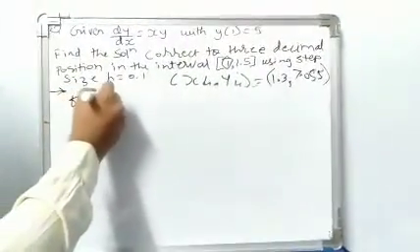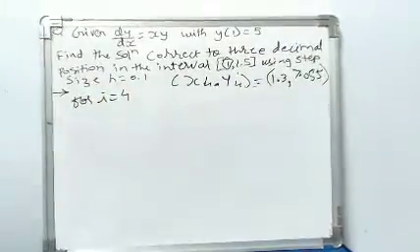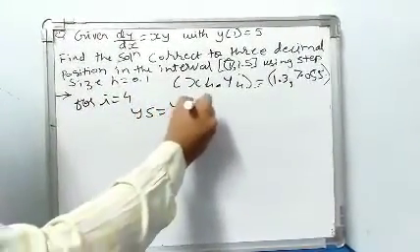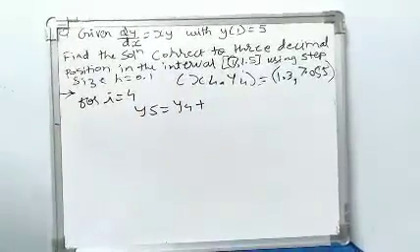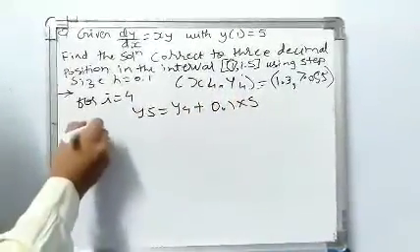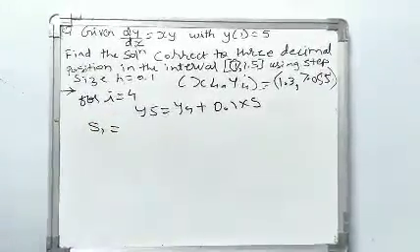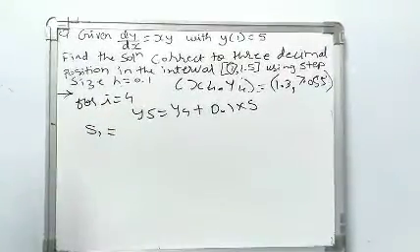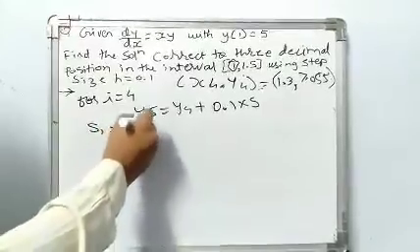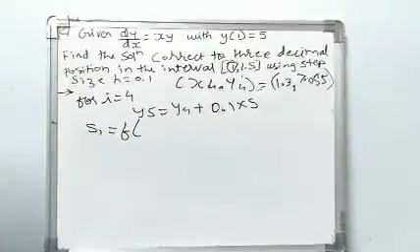For i is equal to 4, y5 is equal to y4 plus 0.1 into s. We know how to calculate s. s is equal to (s1 plus s2) by 2. So we need to calculate first s1 and then s2 and then s.